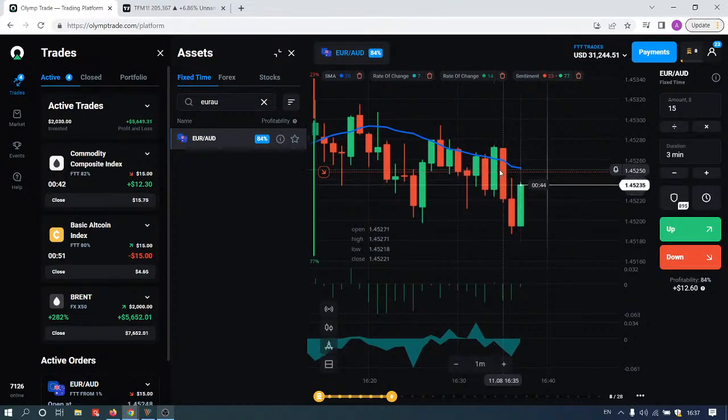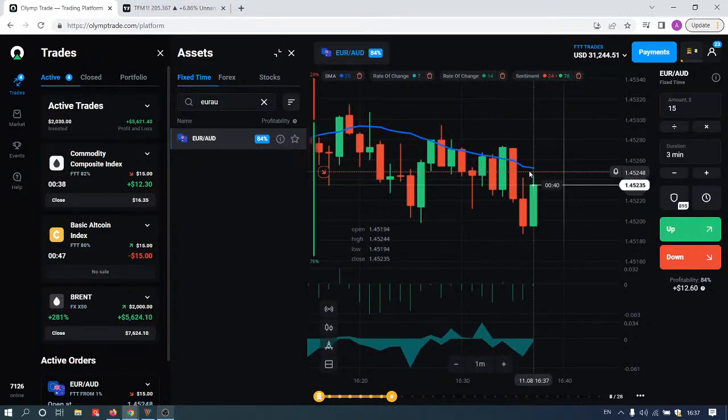Well, guys, even though we might have the same trading strategy, entry points will be a little bit different because you just might open a trade here, there.